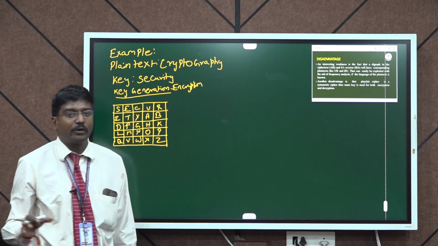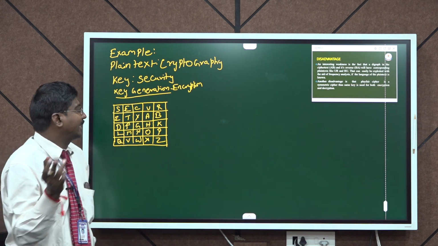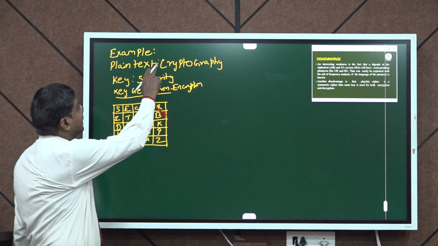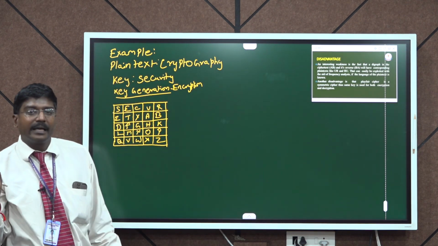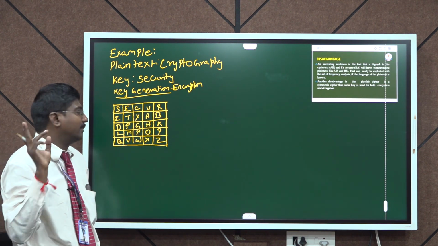Now from this we are going to convert the plain text to ciphertext. The first step in the encryption process is to create pairs of two elements.